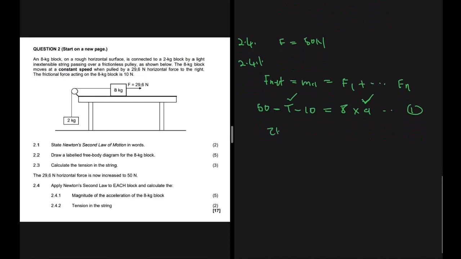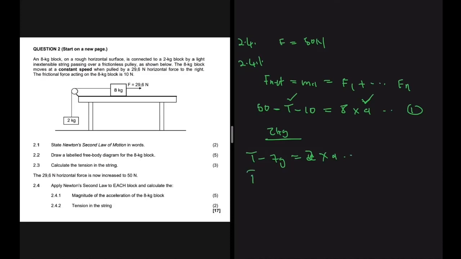So let's go ahead for the 2 kg block. For the 2 kg block, there's 2 forces acting, the tension and gravity. So we're going to have the tension minus gravity, which equals MA, right? The mass is 2 kg, so let me just put 2, multiplied by A, which we don't know what it is.